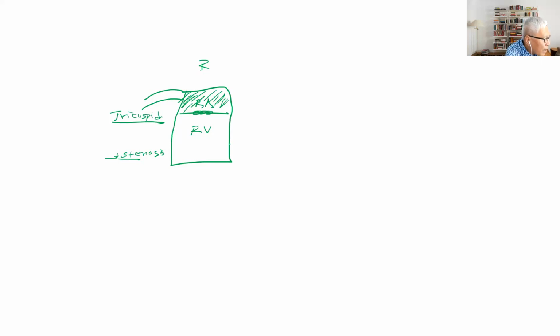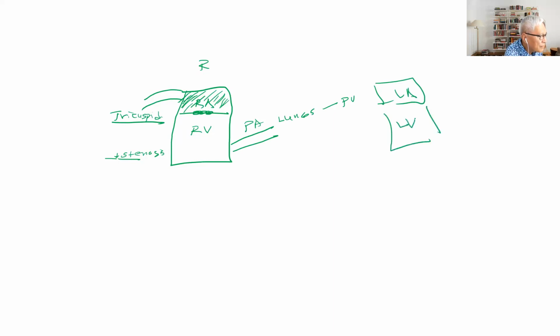Now, what connects the right ventricle to the left side of the heart? Well, the lungs and the pulmonary artery and the lungs are right over here, and the pulmonary vein and the left side, left atrium to left ventricle. If the lungs are diseased, such as in emphysema, for example, wherein you will have destruction of structures within the lungs, this is what is known as pulmonary hypertension.